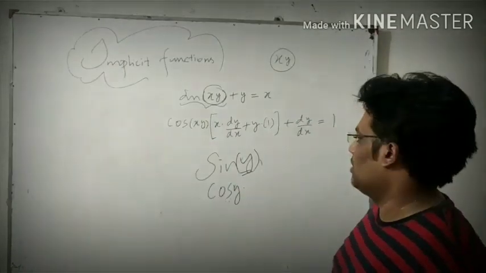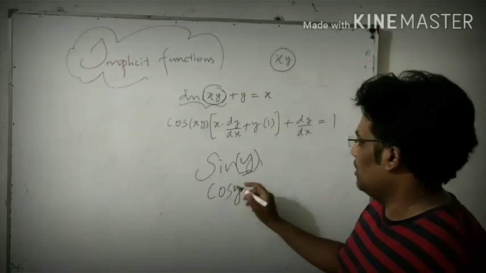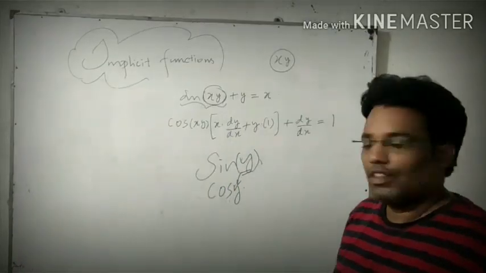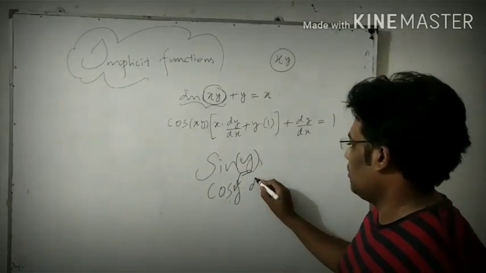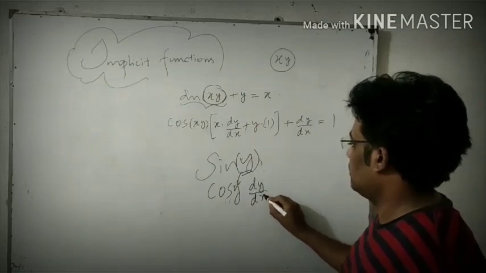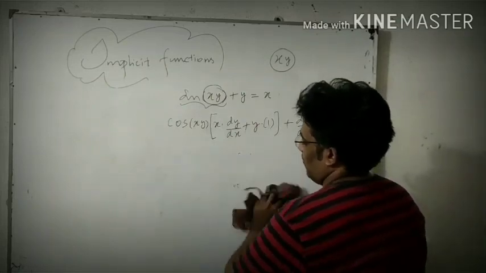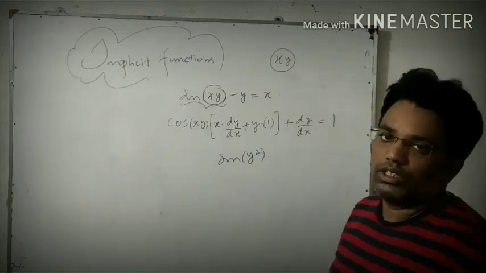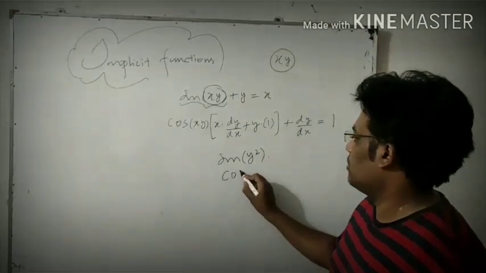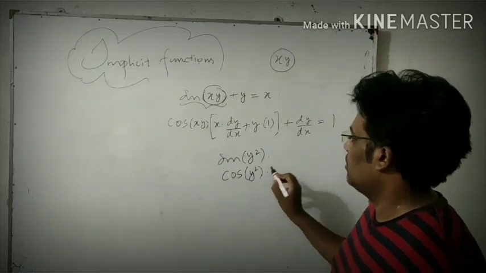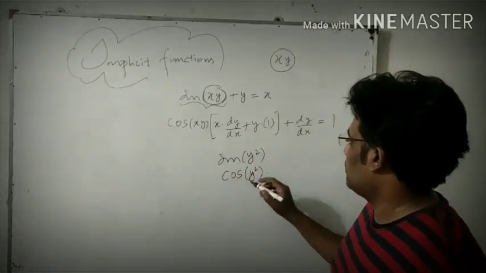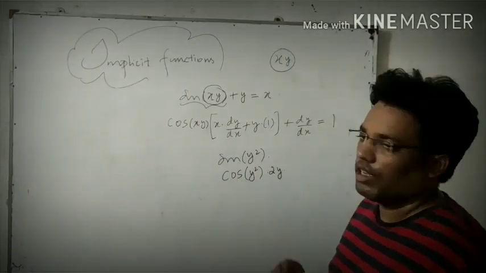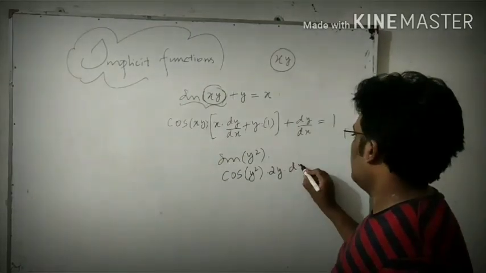Therefore differentiate that: keep cos y as it is, then differentiate y with respect to x, which is dy by dx. In the same way, differentiation of sine of y square is cos of y square, and inner part y square differentiates to 2y into dy by dx.